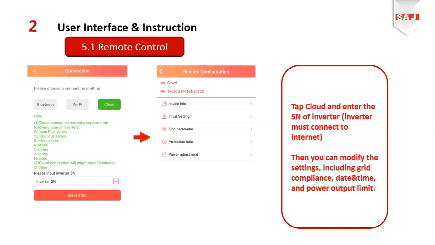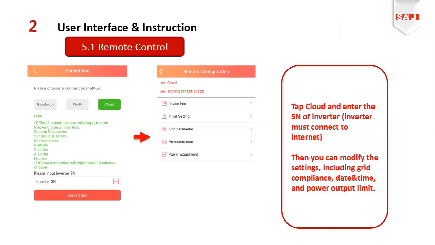Those are the initial settings. So if the end user set up the initial setting wrong, then you can remotely help to adjust the country code and the time and the day of the inverter here.